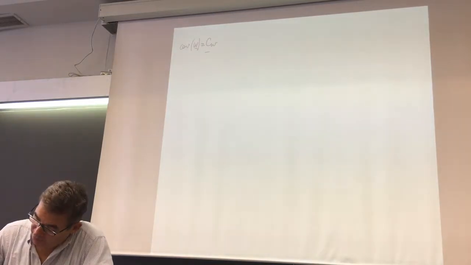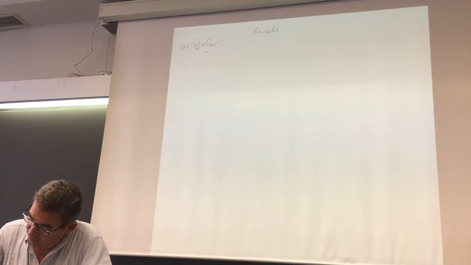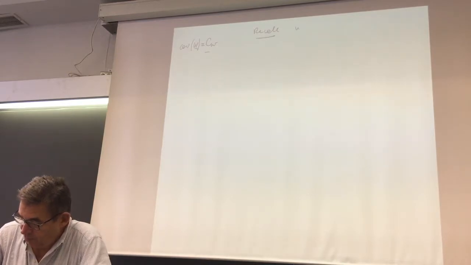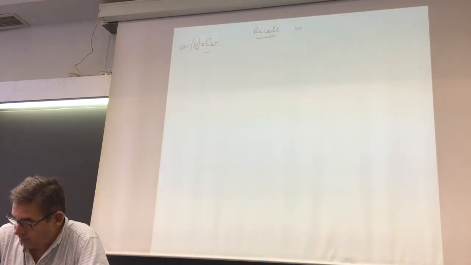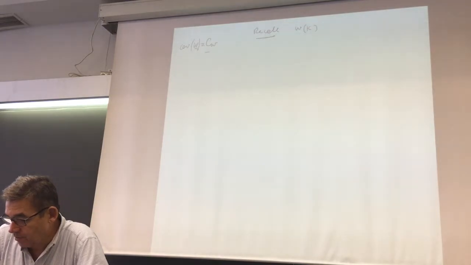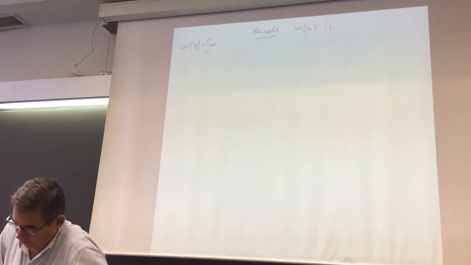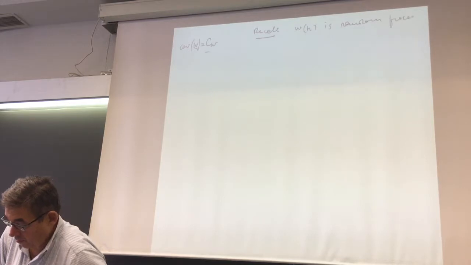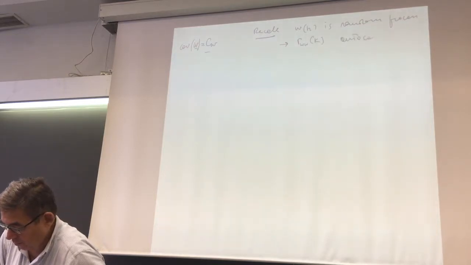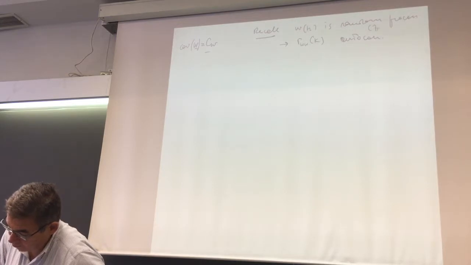So recall that if WK, WM is a random process, then we can write RWWK, which is the autocorrelation, of a zero-mean random process.